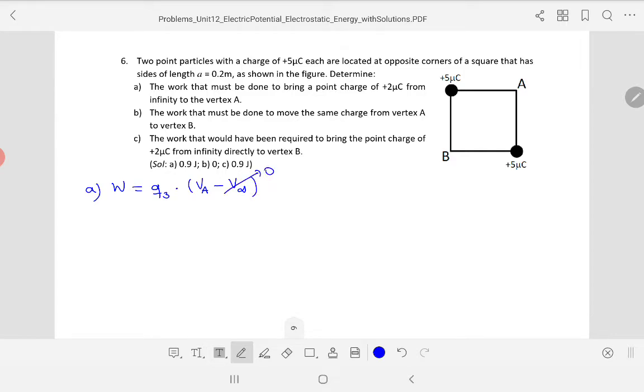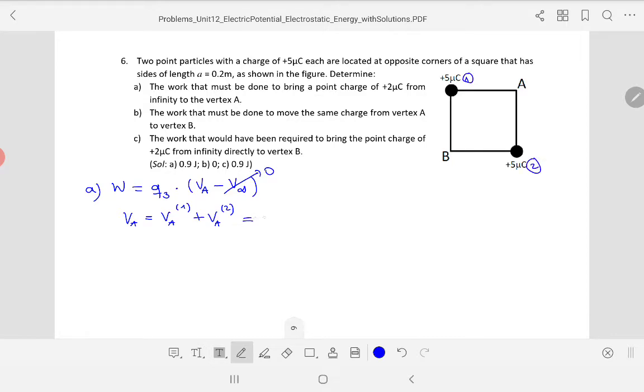The potential at infinity is 0 because we take this as the reference point, and the potential at A is equal to the potential at A given by point charge 1 plus the potential at A because of point charge 2. We can call this point charge 1 and this point charge 2.